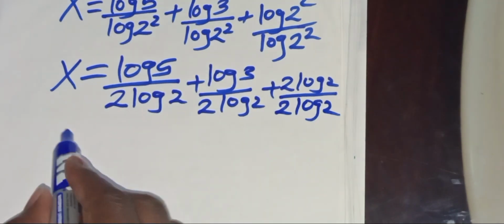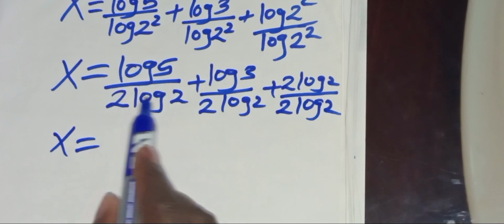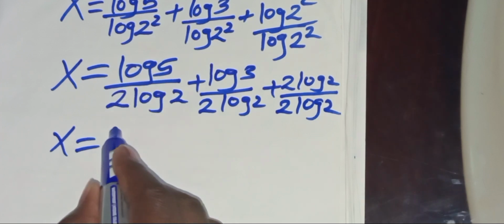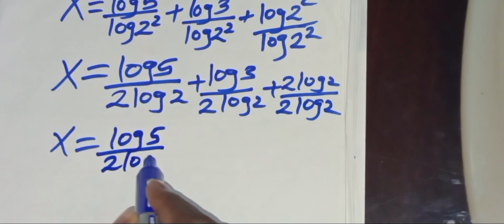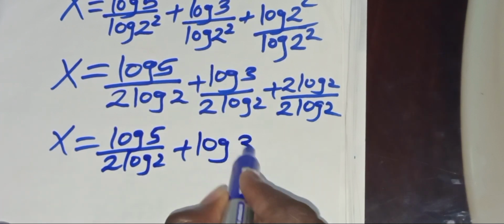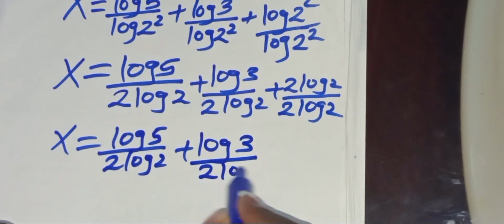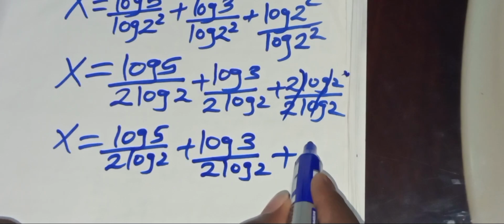Now let's simplify this. We'll have log 5 divided by 2 log 2 plus log 3 divided by 2 log 2 plus, if you simplify here, this is equal to 1.